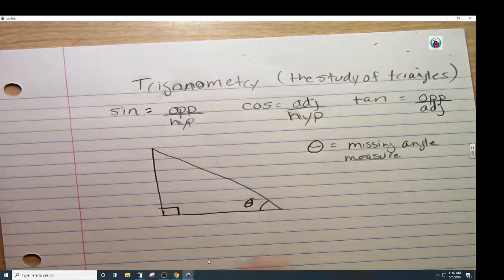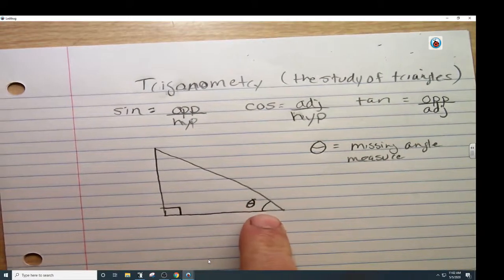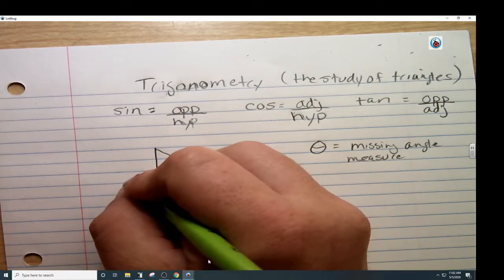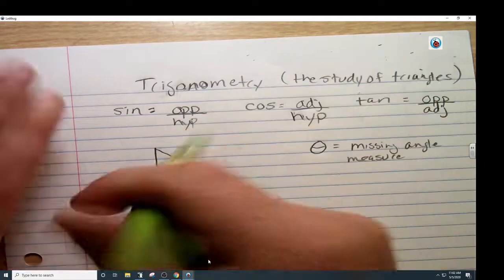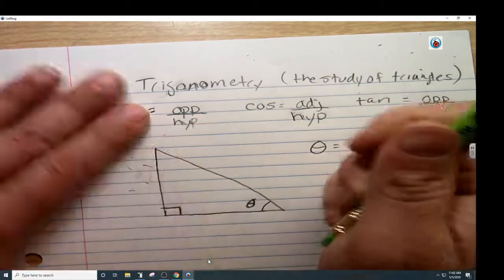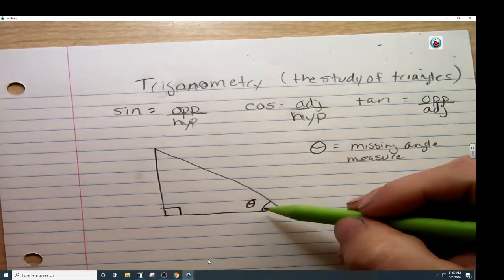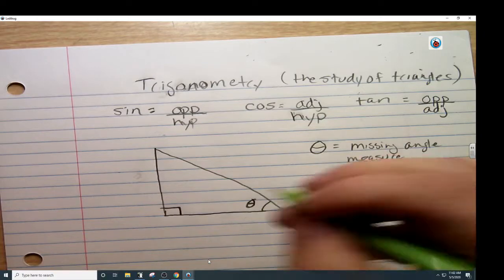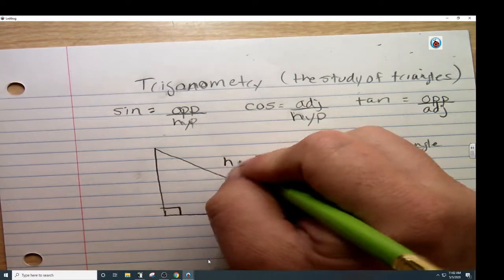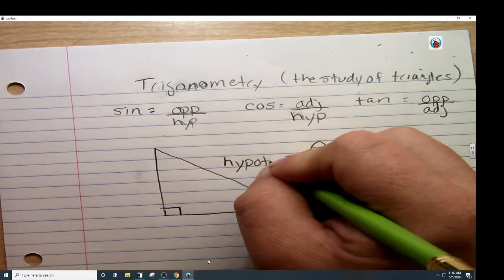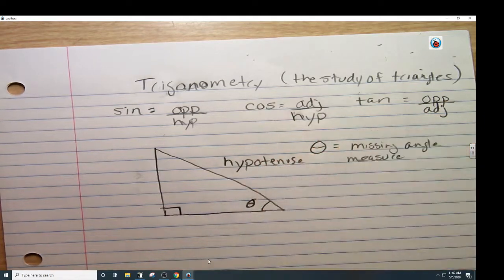You've got this and you're trying to do trig. If theta is here, let's talk about the opposite, adjacent, hypotenuse. Well, the hypotenuse is always the hypotenuse, and how I know what the hypotenuse is, it's always across from the 90-degree angle.